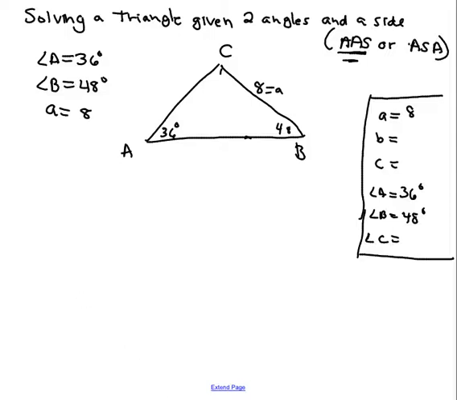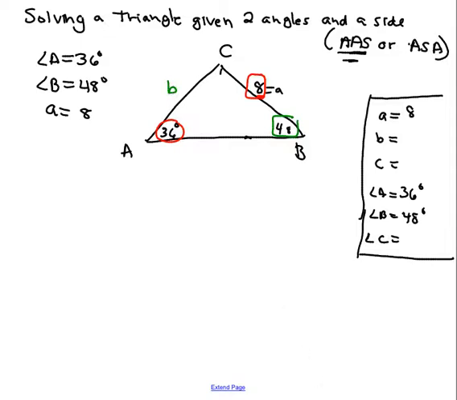I'll use some color to color code what's going on here. I have 36 degrees and 8 is opposite. Those are my two knowns. Over here is this 48 degrees, and the side opposite is unknown.